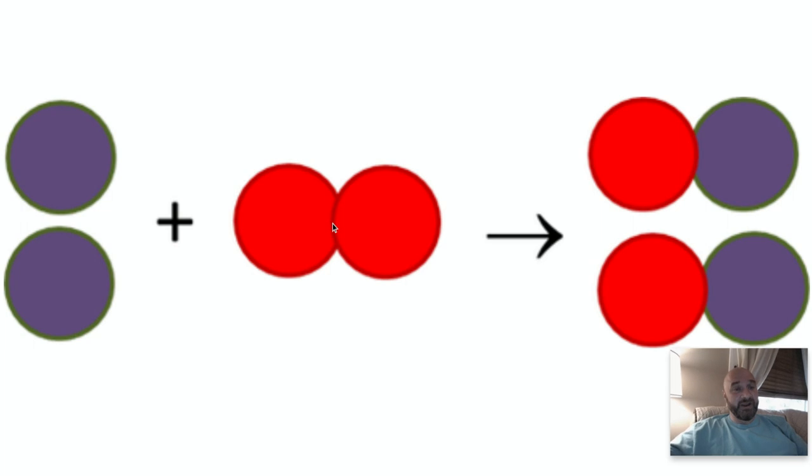So they break apart, and one oxygen atom joins one iron atom, and we can see that here. And one oxygen atom joins the other iron atom, and that goes here. Here's my arrow for the before and after. And so two iron atoms and one oxygen molecule will oxidize and become two iron oxide molecules, or what we call rust.